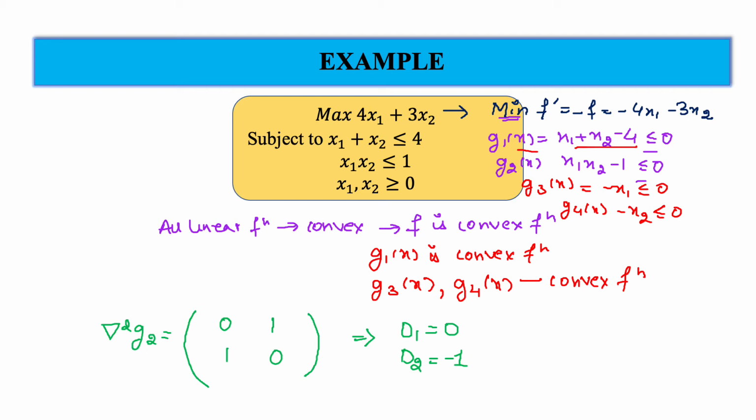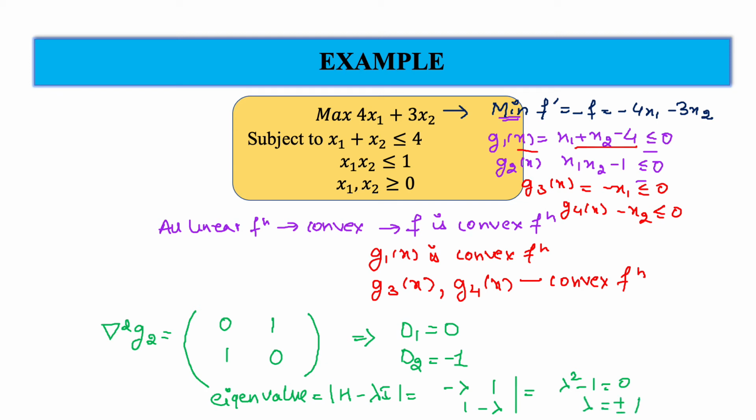Since this is not positive definite, we can check it by using the eigenvalues of this matrix also. So if you will find the eigenvalues of this matrix, for eigenvalues, H minus lambda I, which is [-lambda 1; 1 -lambda], that is lambda square minus 1 equals 0, and lambda is positive and negative 1.